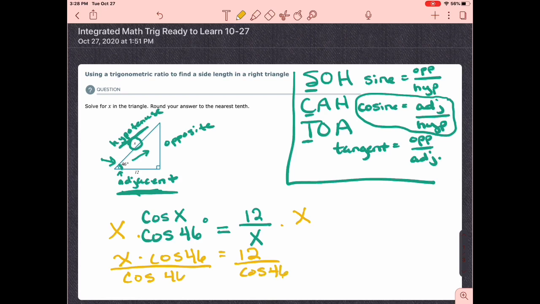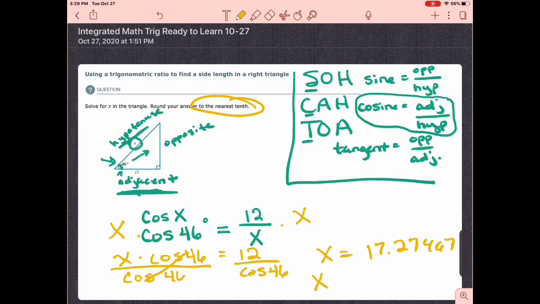At this point, you are going to use your calculator because x equals 12 divided by, I'm going to put parentheses, cosine 46 equals, and I get kind of a yucky decimal, like 17.27467, and so on, and it says round it to the nearest tenth.